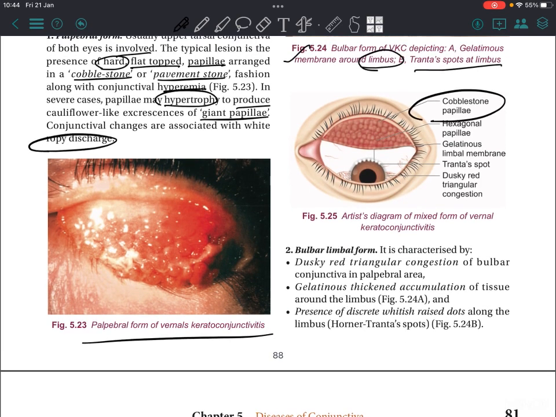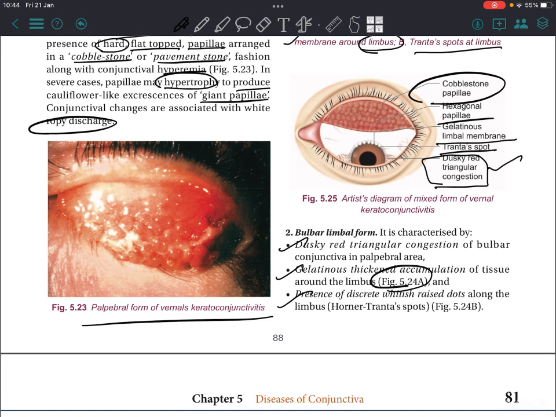Cobblestone papillae and hexagonal papillae, gelatinous limbal membrane, Trantas dots, dusky red triangular congestion. Bulbar limbal form: dusky red triangular congestion of bulbar conjunctiva in the palpebral area, gelatinous thickened accumulation of tissue around the limbus, and the presence of discrete whitish raised dots along the limbus, or Trantas dots.